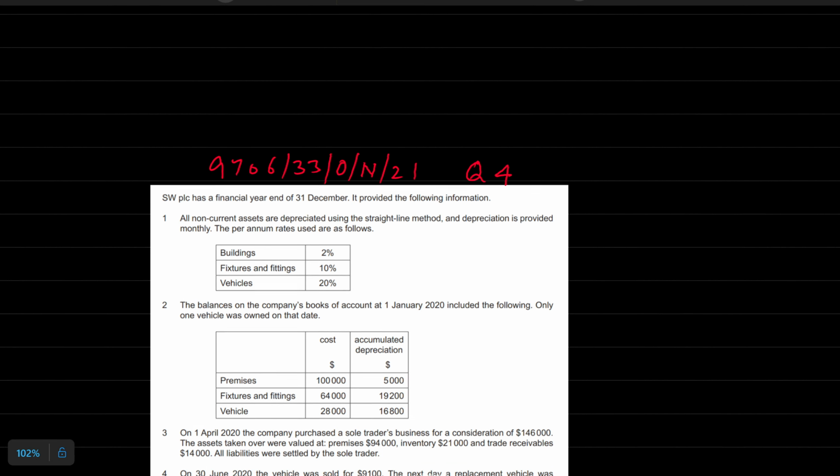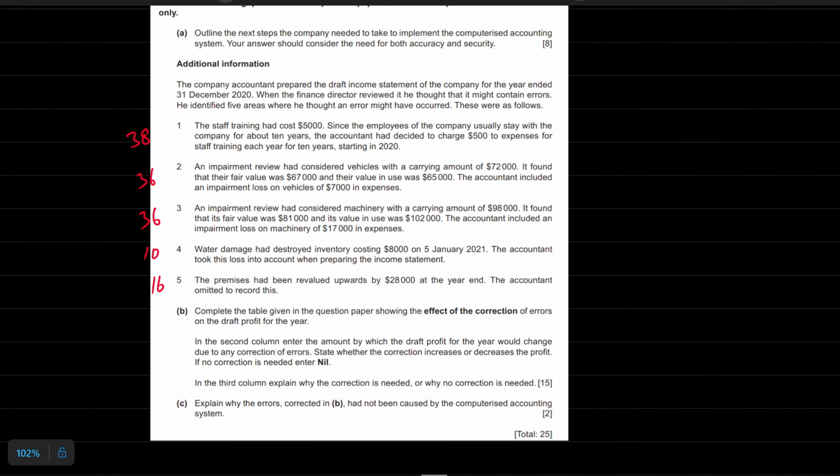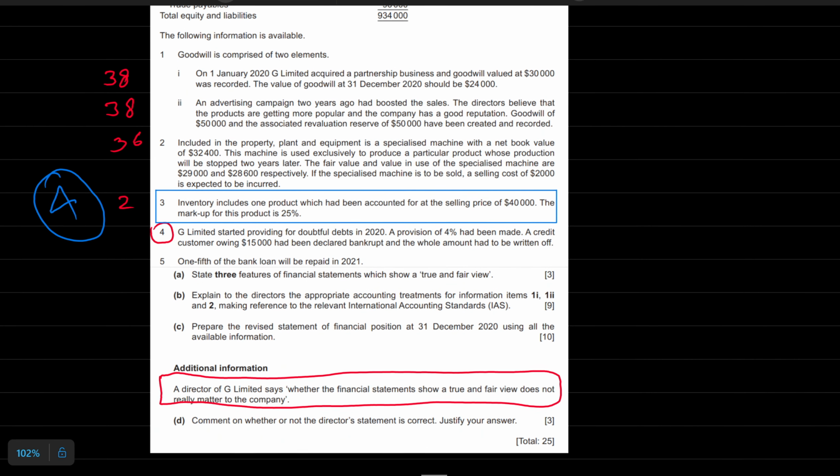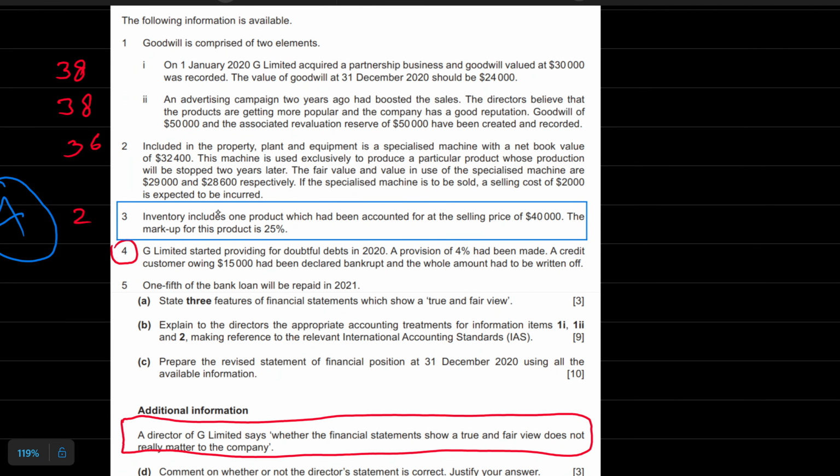Now students, let us move to the next question. Question number 4. Inventory includes one product which had been accounted for at a selling price of 40,000 and the markup is 25%. Markup 25% means 25 over 100, and when it is converted into margin, 25 over 125.